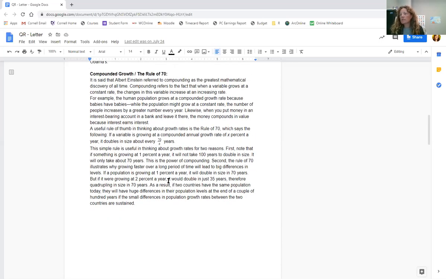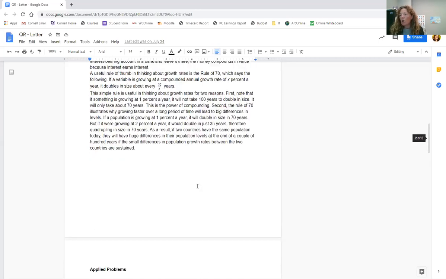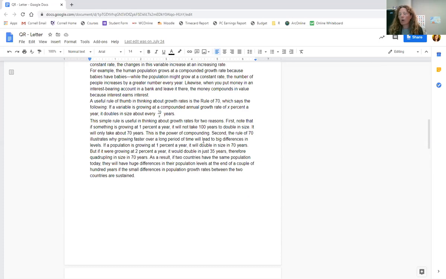What this last paragraph shows is not a specific example, but just why a percent more makes a big difference. They're saying that if it grows at 1%, the value will double in 70 years. But if it could grow at 2%, it will only take 35 years to double, okay? So we'll look at those numbers and then see about another example.